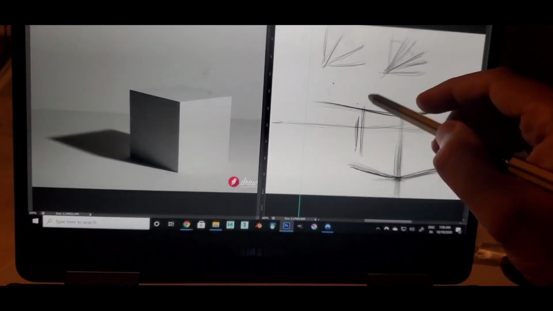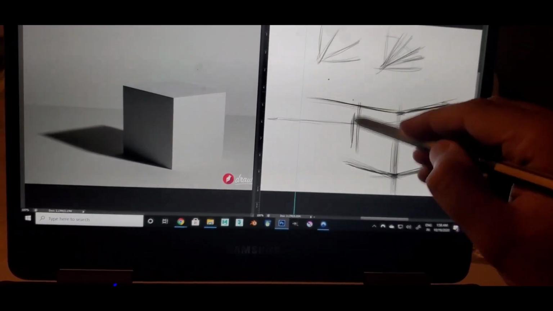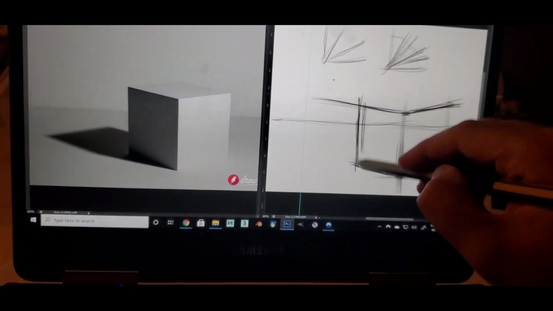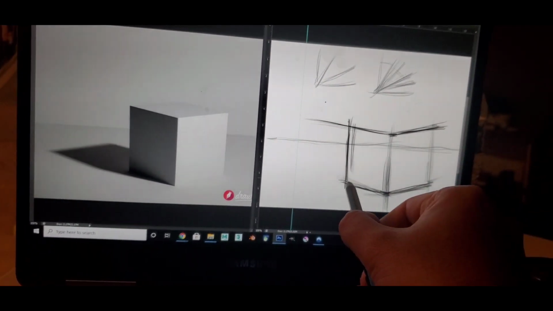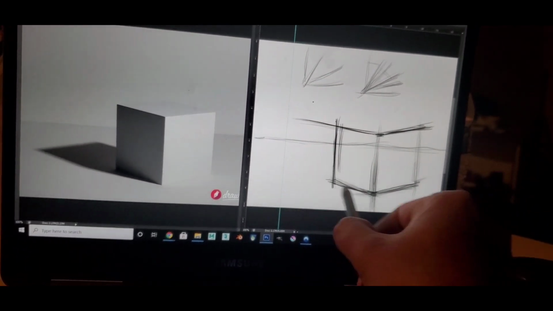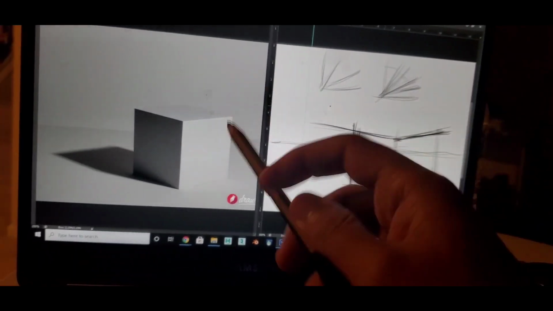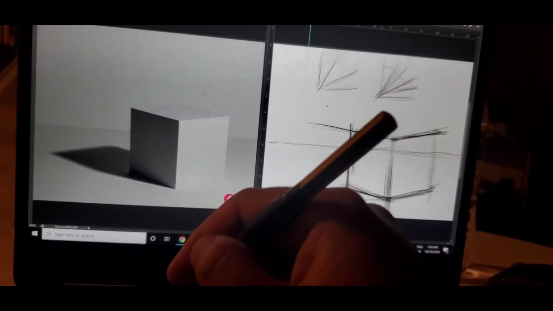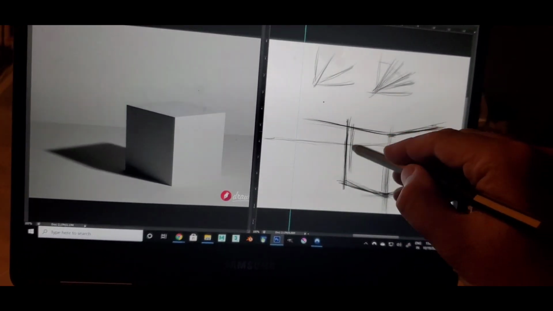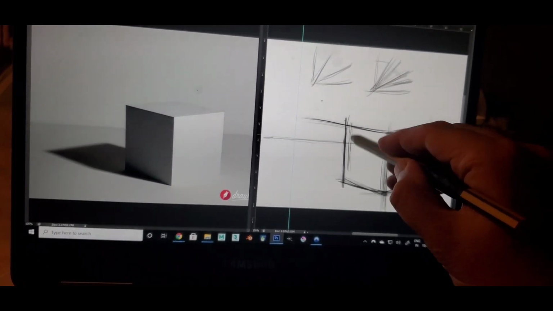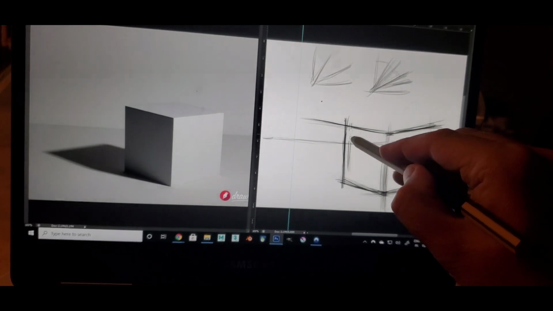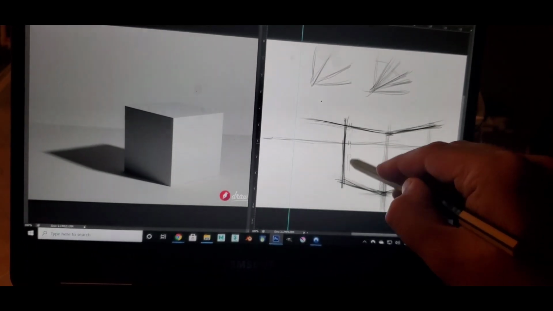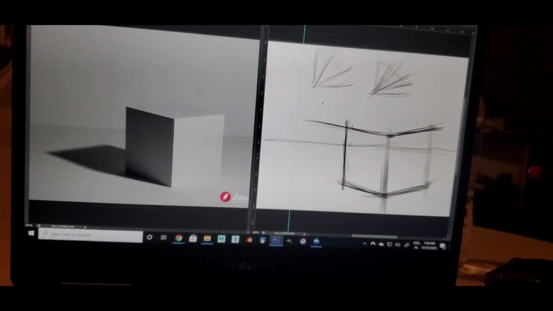Okay, so now you've got these two planes, two correct planes. Okay, get rid of this rough line.